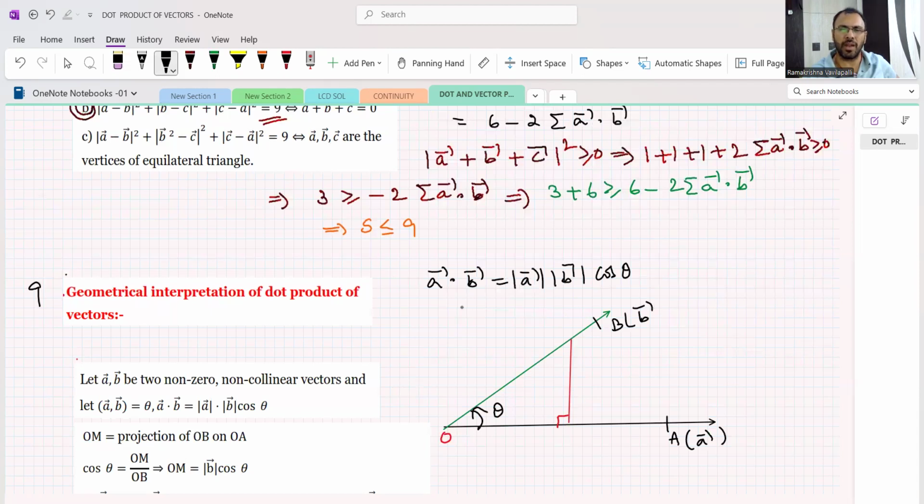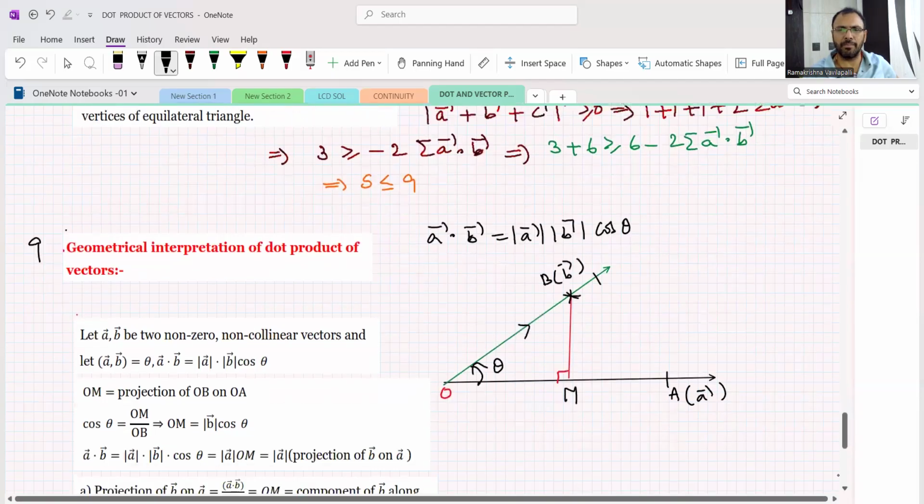You take exactly here. This is the B of B bar. All right. Drop the perpendicular from B on the vector A bar. Assume this is OM. There are very simple terms that we use very frequently in calculus also.